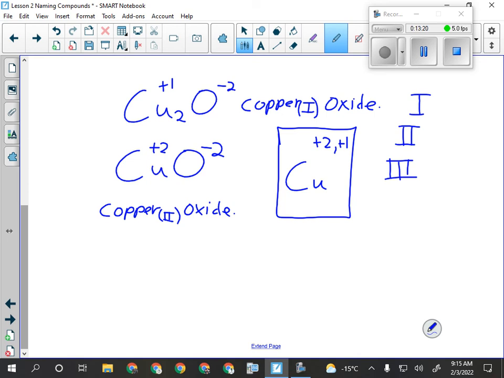That's where the pattern ends. 4 is IV, because it's 1 less than 5, and 5 is V. That means 6 is VI, 7 would be VII, and 8 would be VIII. And then 9 is 1 less than 10, and 10 would be X.